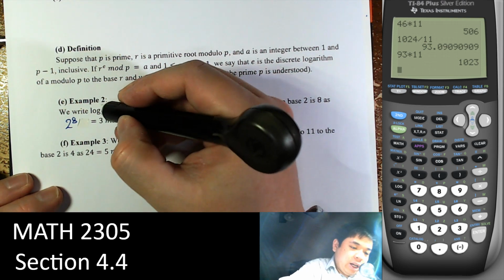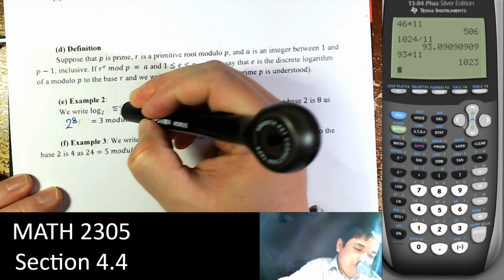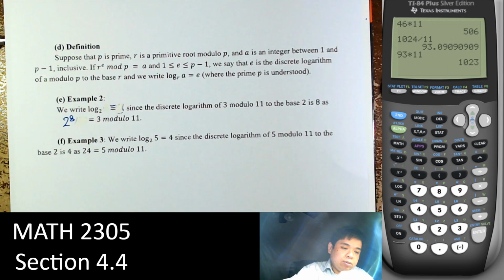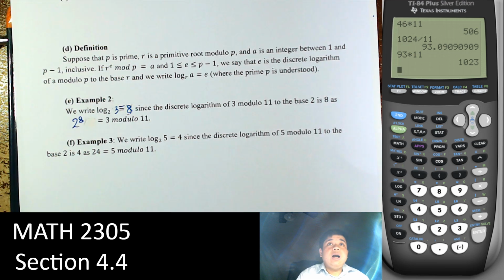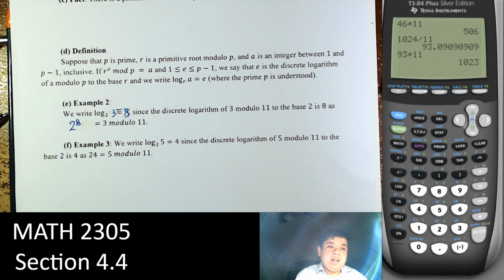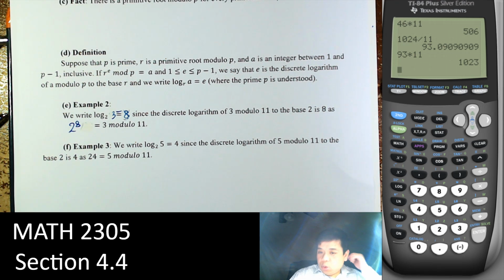Okay, I think 3 and 8 was correct. But I said we're just going to leave it like that, and this is where I want to stop section 4.4. As always, thank you for watching, and see you in another video in the Sweet Math.